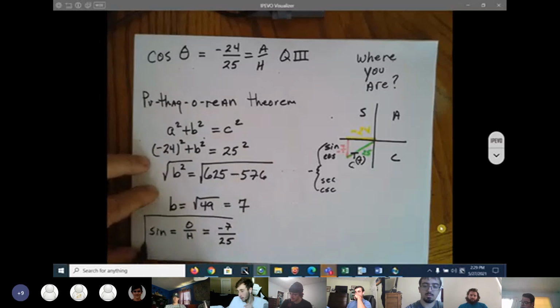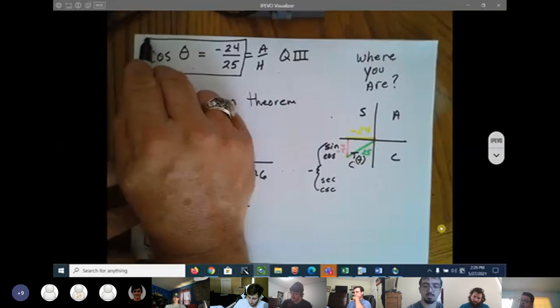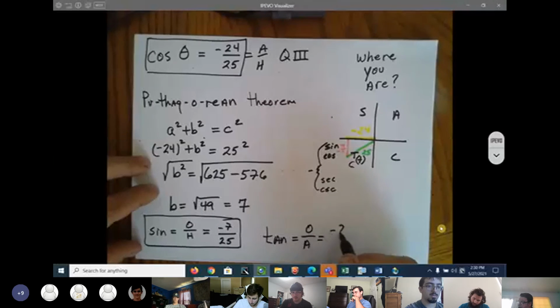So there's one. We already got the cosine. Tan, Oscar Had A Hunk Of Apple, is negative 7 over negative 24, which is 7 over 24.